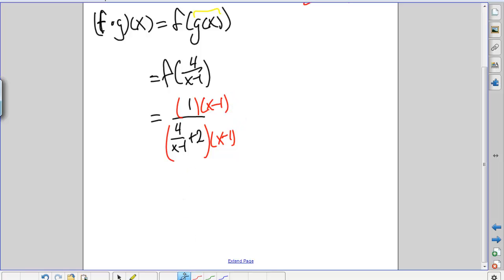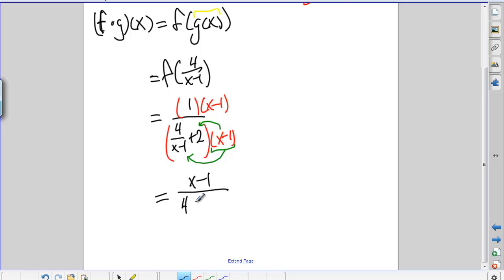Okay, and so the result of that, the numerator 1 times x minus 1 is x minus 1. In the denominator, what you end up with is you distribute this to those two terms there. In the first product, x minus 1 times 4 over x minus 1, that's actually going to cancel out the x minus 1 and leave us with a 4.